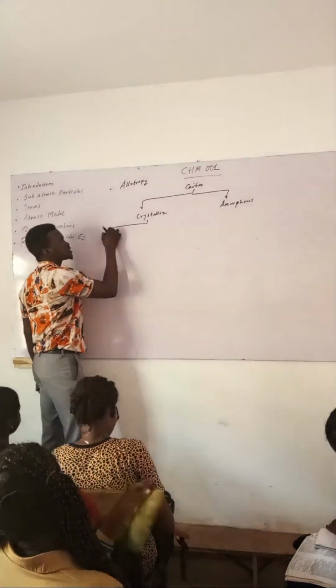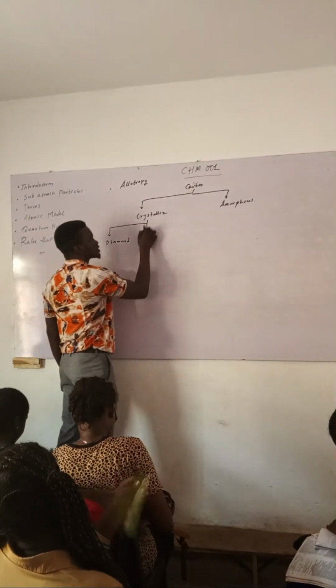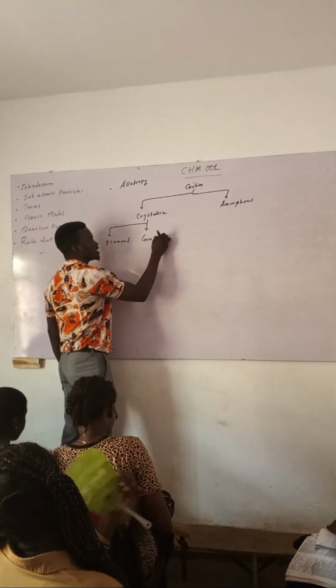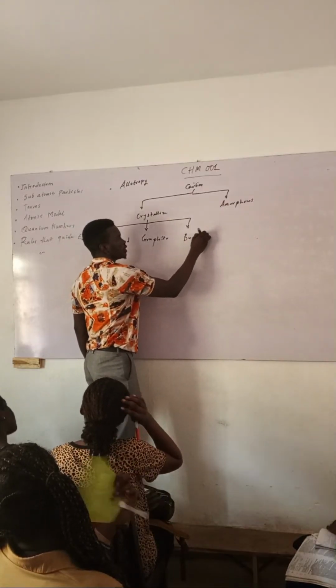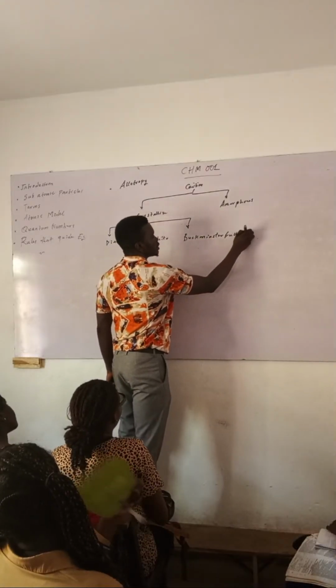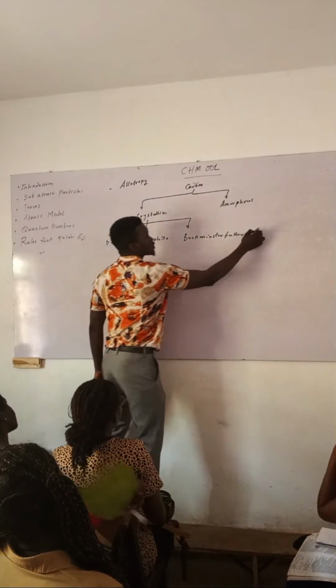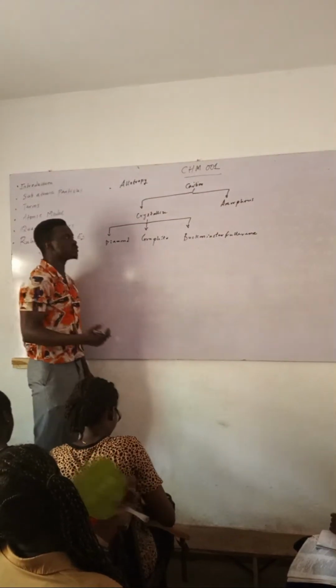Examples are diamond, which is the hardest known substance, graphite, and Buckminster fullerene. They use them in making nanotubes and so on.